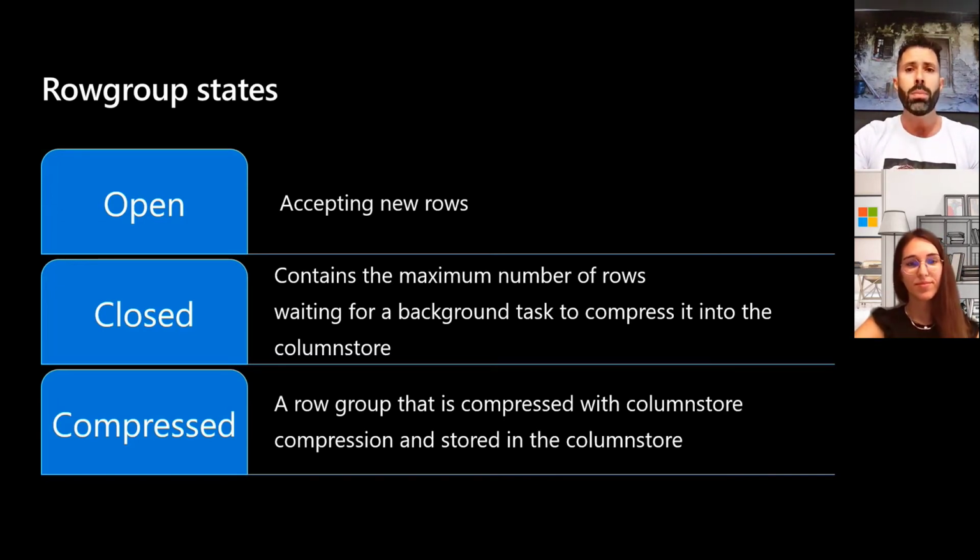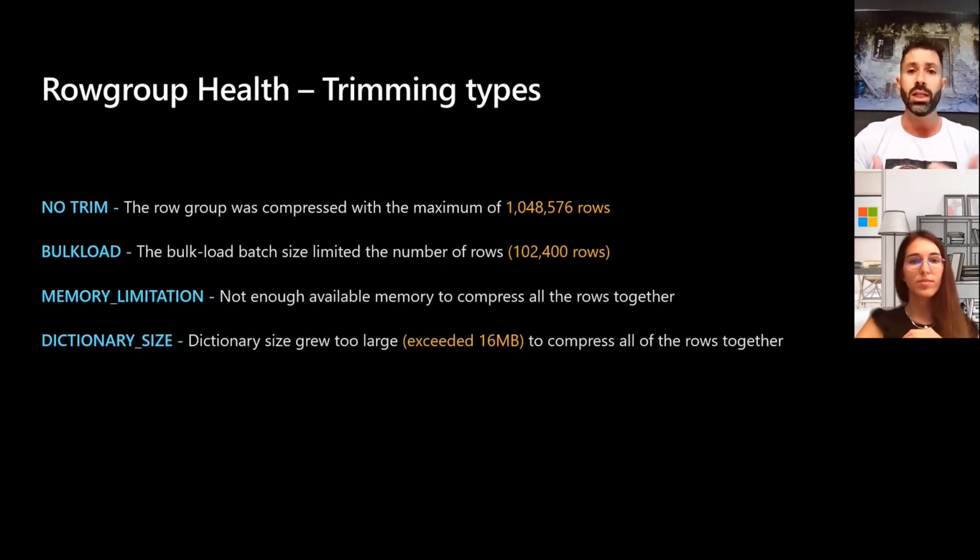Even more, let's talk about these dictionaries. Let's talk about this trimming that we can have in your row group. So we have different ways to check the health. We call that the health of row group. So when we have no trim reason, that's the one we want to have most of the time.